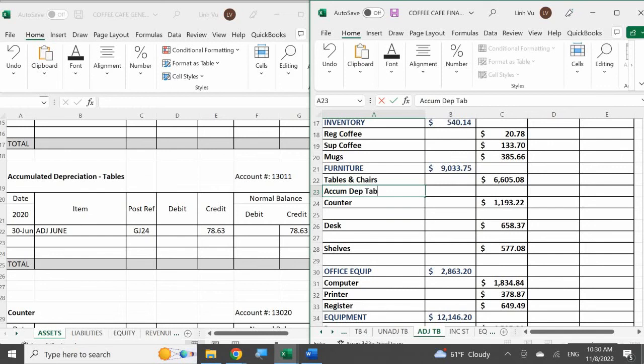So in this case, you've got the accumulated depreciation for tables. You got the accumulated depreciation for the counter. You got the accumulated depreciation for the desk.